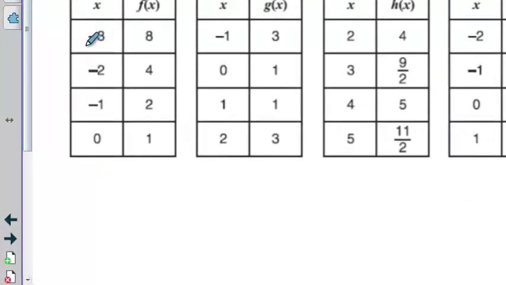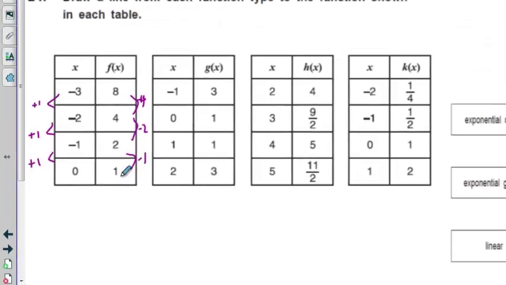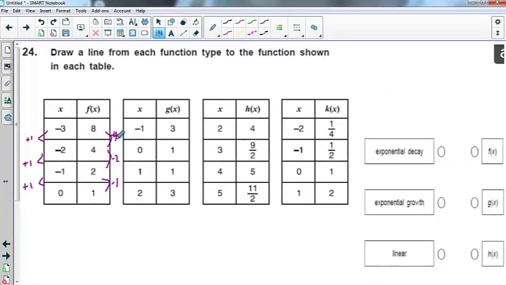Okay, so what's happening from here to here? Up 1. Here to here? Here to here. Okay, what about here to here? Down 4. Here? Here? Okay. So if I put these over each other, is it going to be a constant rate of change?